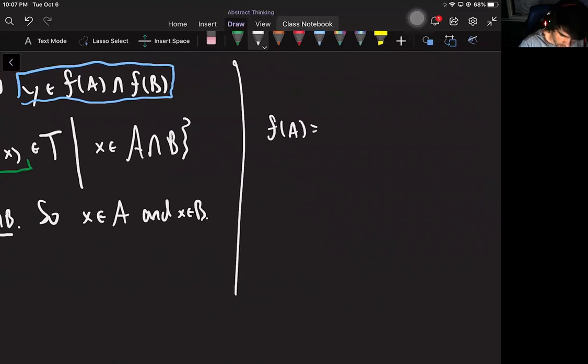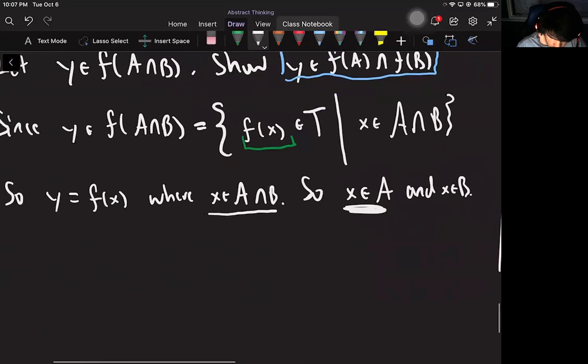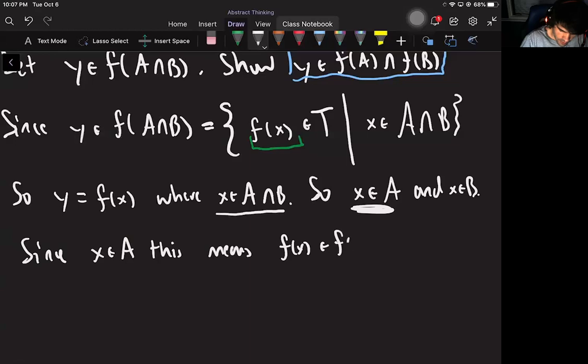That's just, by definition, the set of f of x's where x comes from A. It's the stuff you get by plugging in things from A. So I have something in A right now. I have an x that's in A. So that means that if I plug it in, it's in the image of A. But f of x is actually just y this whole time.